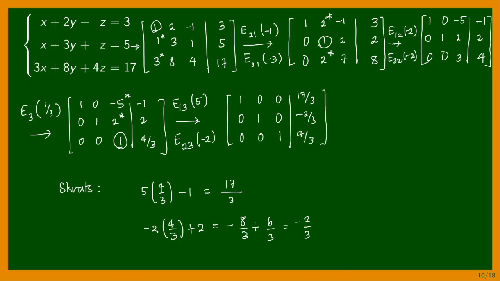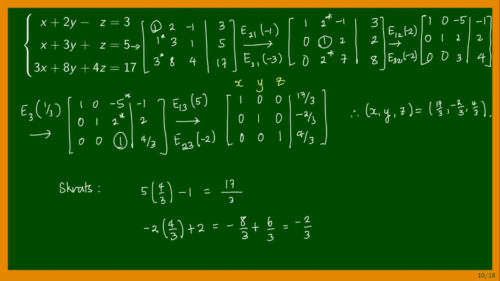So at this point we are done because this matrix is already in RREF, right? Again, the first column corresponds to X, second to Y, third to Z. So what we see as a result is that therefore X, Y, Z are 17/3, negative 2/3, 4/3.